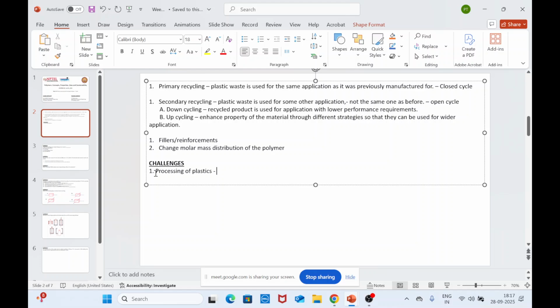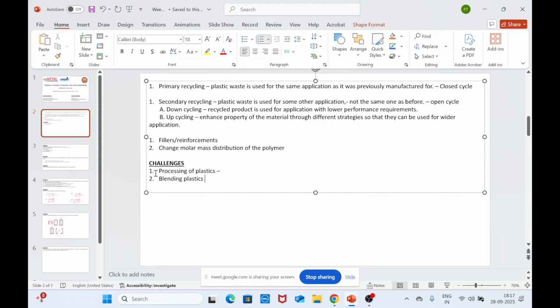The second one is the blending of the plastics. Since they will be of different nature, their blending could be difficult, because not all plastics or polymers will blend easily. It depends upon their nature.